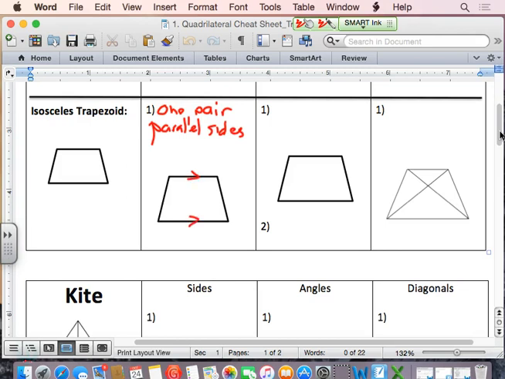Right? But we also know that our legs are congruent. Okay, so let's add a little 2 in here. So this and this are the same with an isosceles trapezoid.